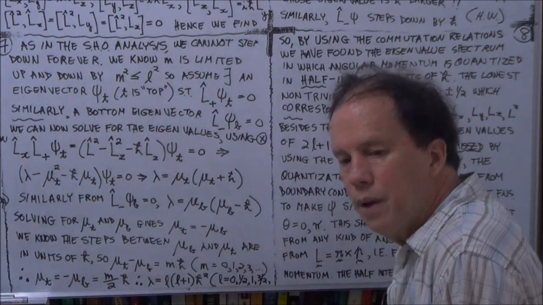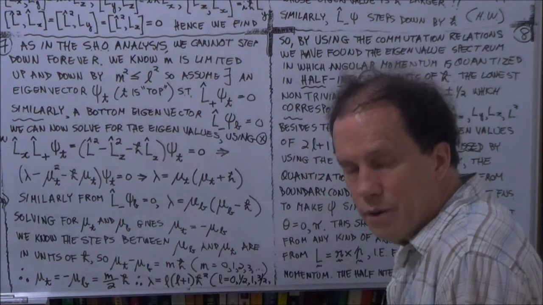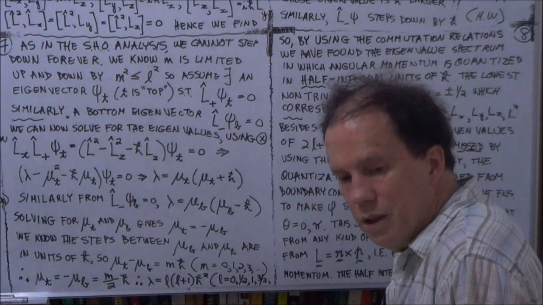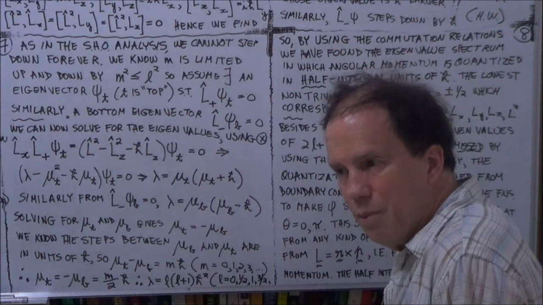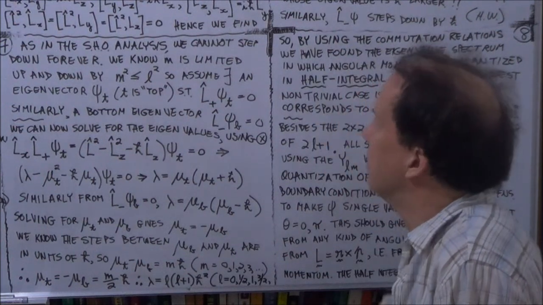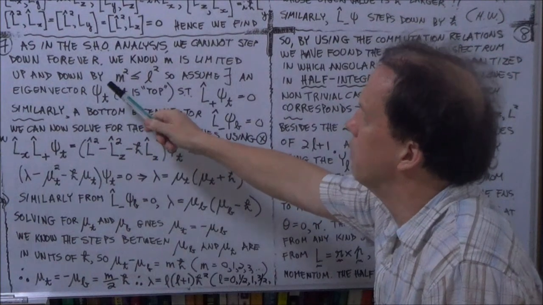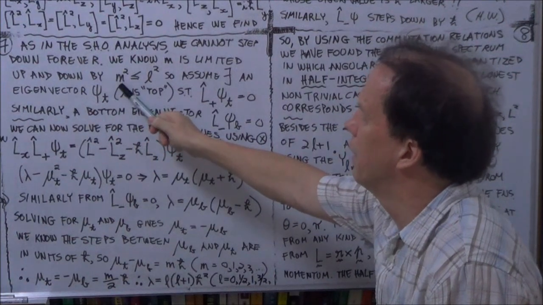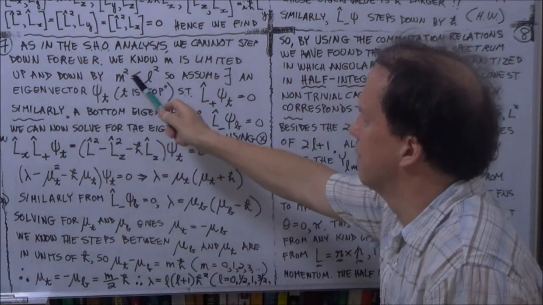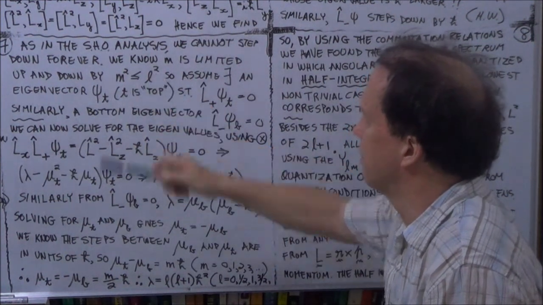You can't keep applying the step up or step down operator too many times, because eventually you run out of possibilities. The constraint operating on you, from earlier theory, remember, is that m squared has to be less than, well, let's say equal to L squared.